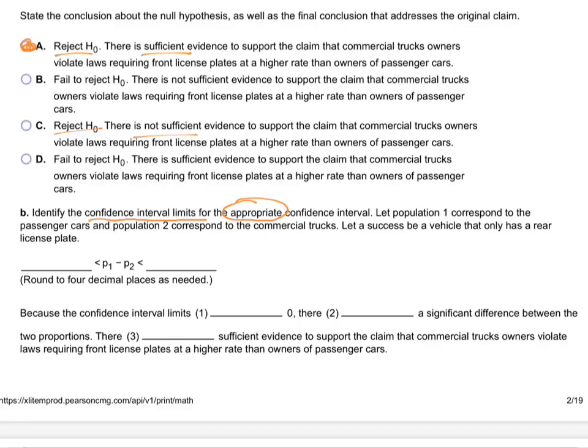Here's the relationship. Hypothesis test.